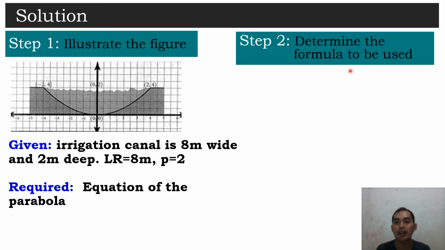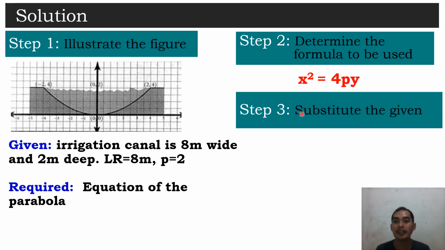So determine the formula to be used. That's the next step. So we have x squared equals 4py because the parabolic line opens upward. So therefore, you use the equation with the square on variable x. Next is to substitute the value. Our p is 2.